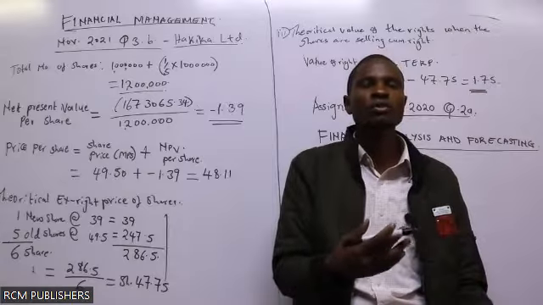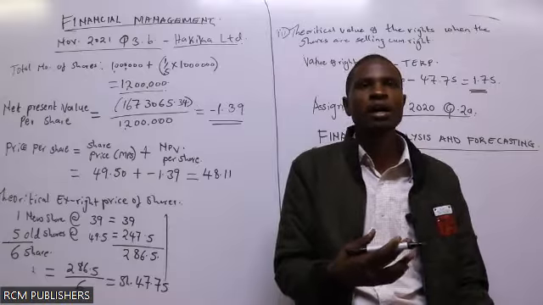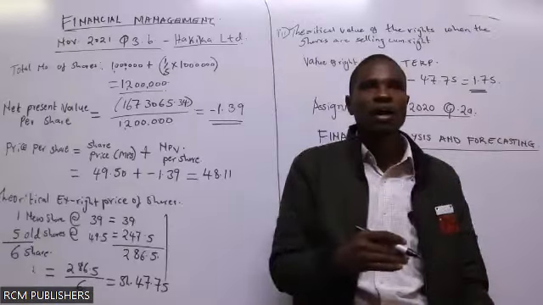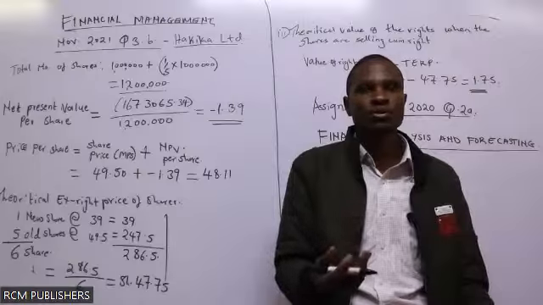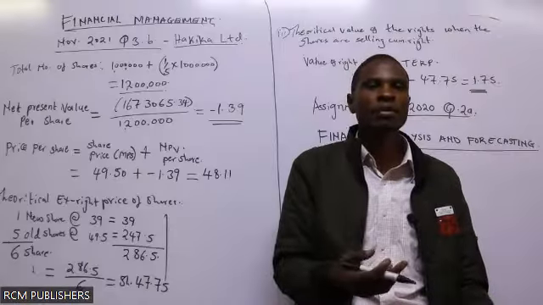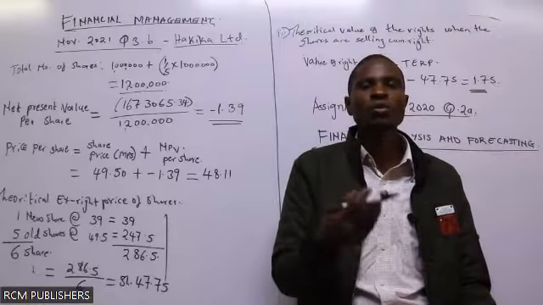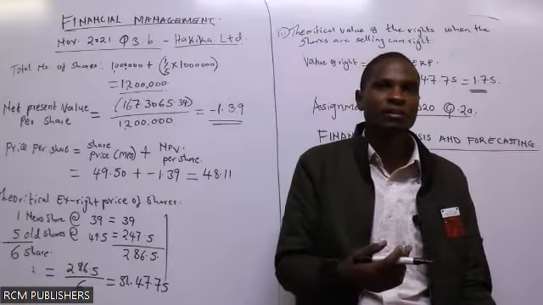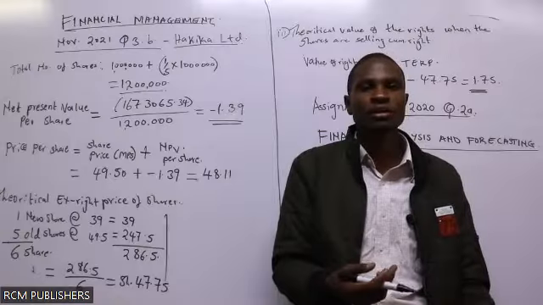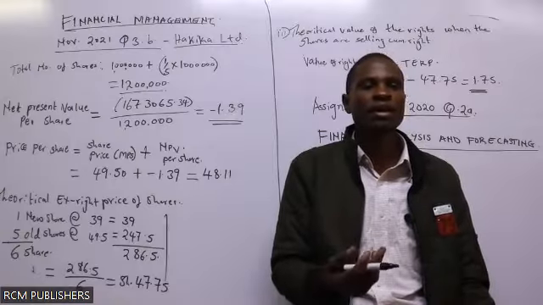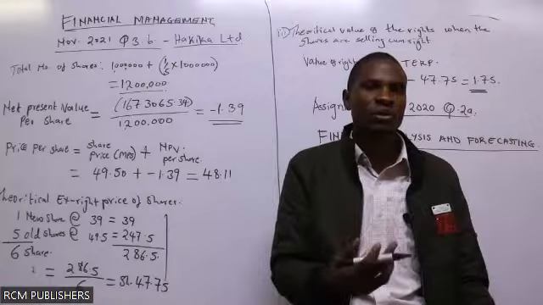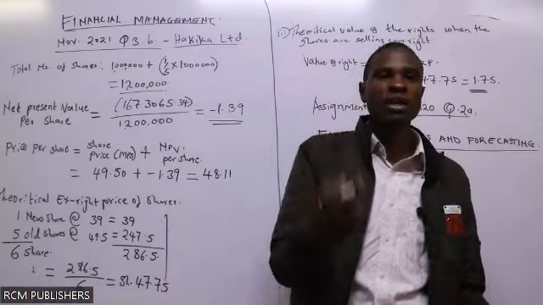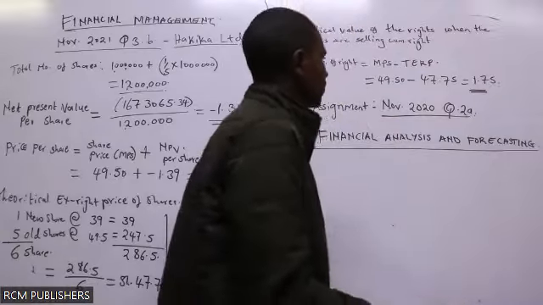Now here, remember under financial management, we are dealing with decisions. How do we make decisions on a certain item in the income statement? How do we make decisions on a certain item in the balance sheet? So at the end of the topic, you shall be able to identify how you make decisions as far as the financial statement and forecasting is concerned.